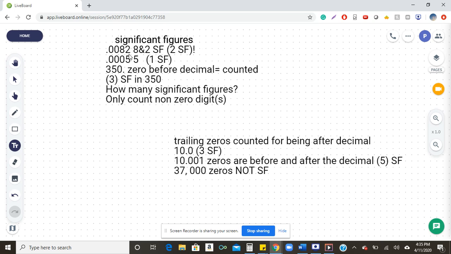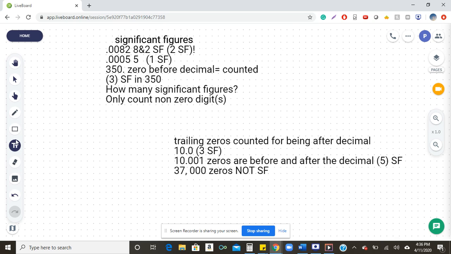So the 8 and the 2 are the 2 significant figures, because they are non-zero digits. The main thing is that the decimal starts with zeros. If it starts with a 0, you are going to disregard the zeros, so you don't count them.